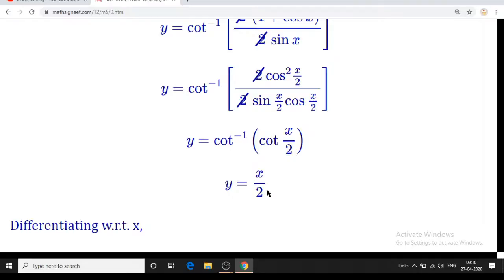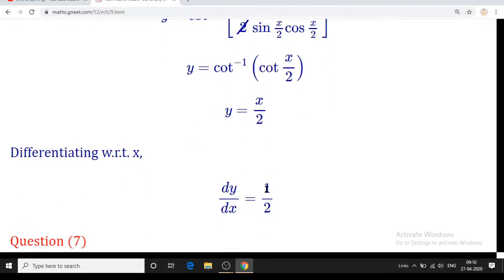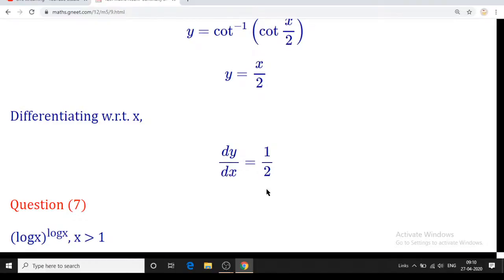Now we differentiate with respect to x, and we get dy by dx is half. So it was easy by just going for the rationalization. If you remember the formula, it will be easier, the steps will be reduced. But for that you should know the exact formulas.